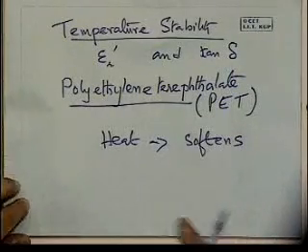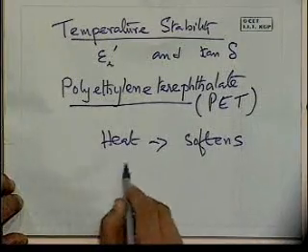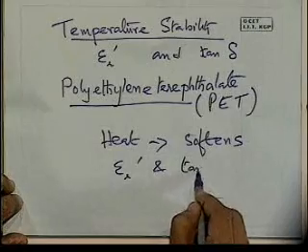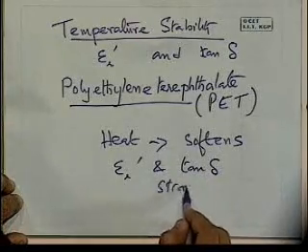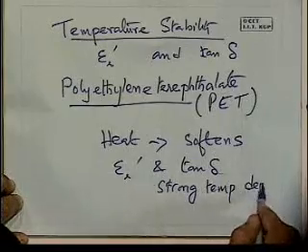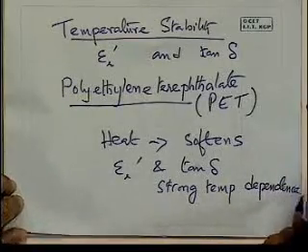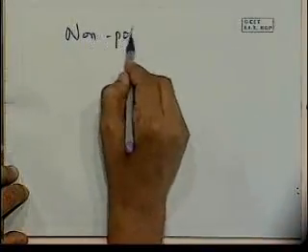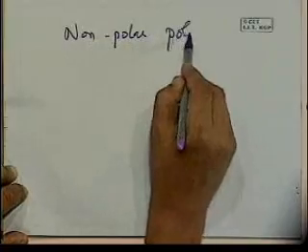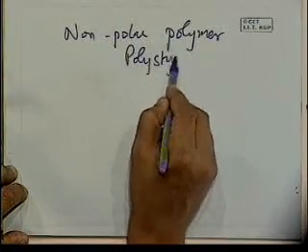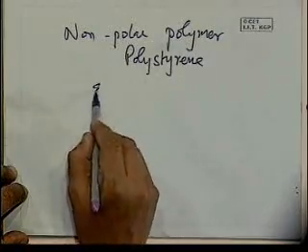The non-polar ones will behave very differently. So we've got, in this case, both for permittivity and tan delta, strong temperature dependence. On the other hand, for non-polar cases, some kind of non-polar polymer, say the one that we looked at earlier, polystyrene, it's relatively flat.